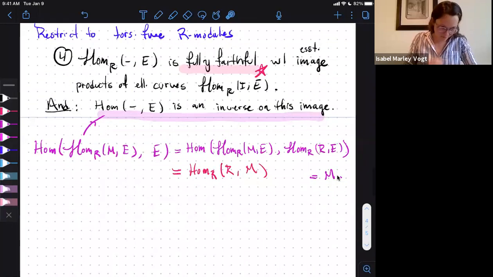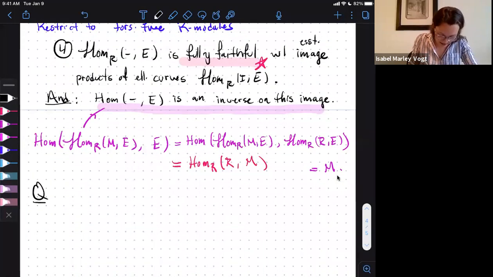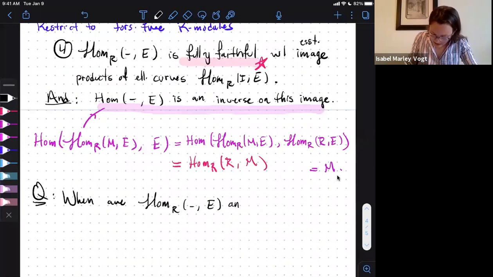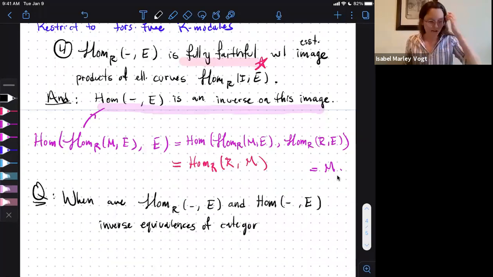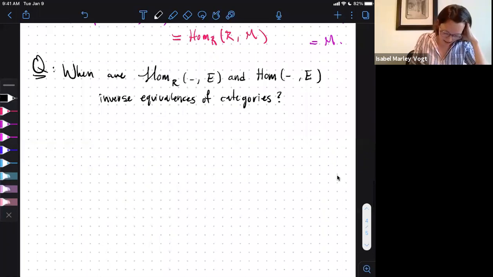So, question: when are this Hom_R(-, E) and Hom into E inverse equivalences of categories?